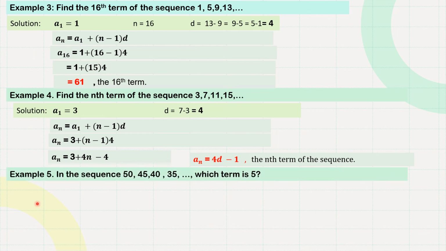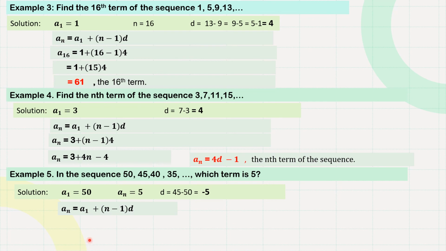Okay, next. For number 5. In the sequence 50, 45, 40, 35, which term is 5? Given is, ang a sub 1 natin is 50, a sub n natin ay 5, ang common difference natin ay negative 5. Formula, napaka-importante ng formula, no?